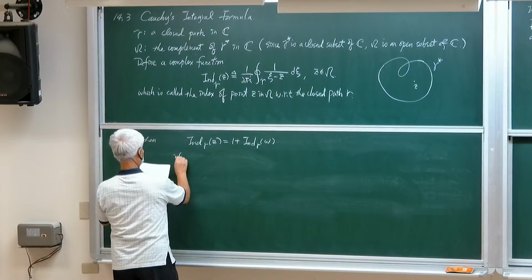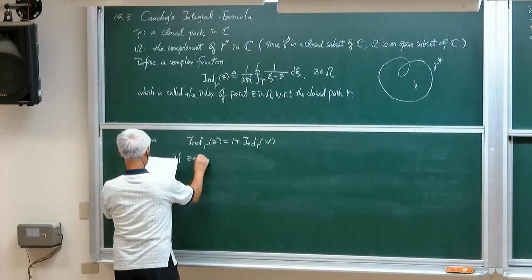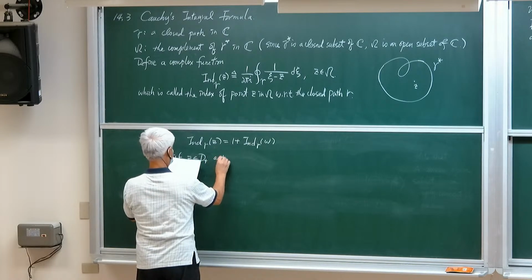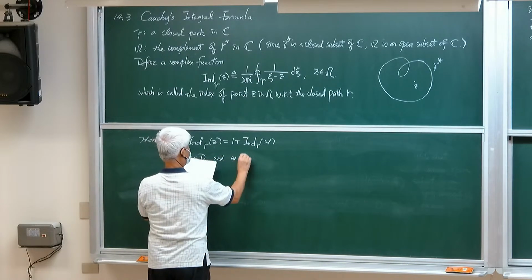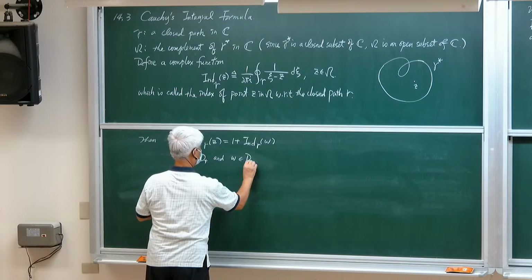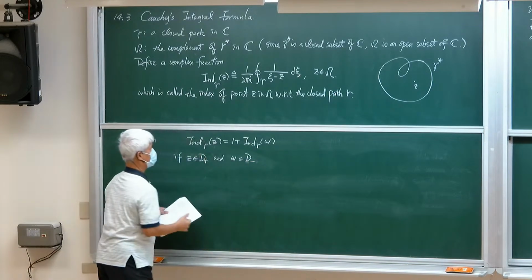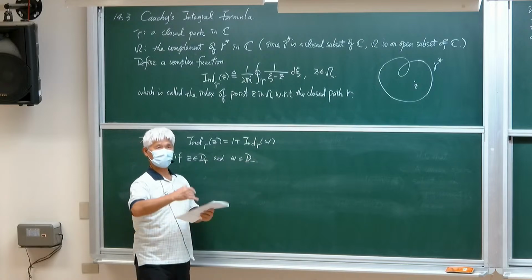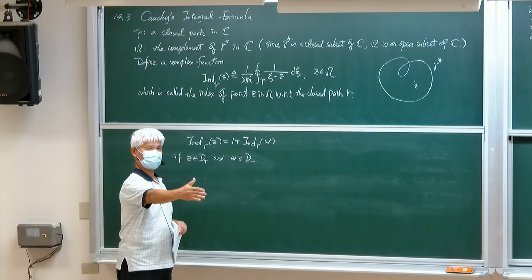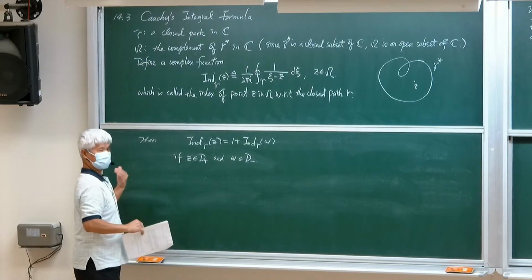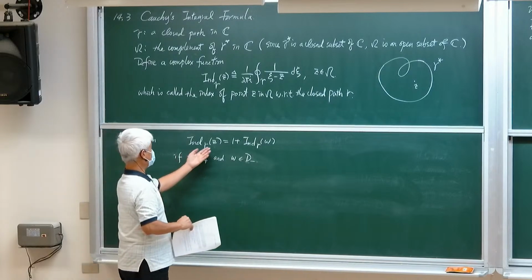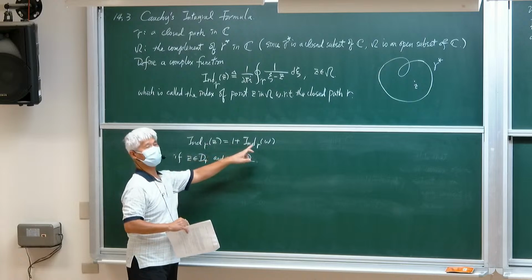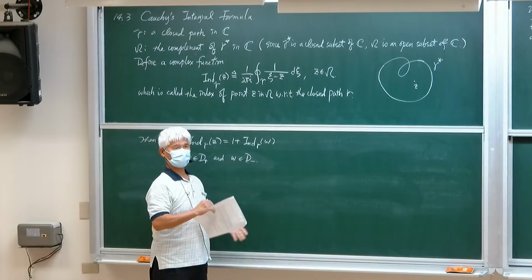If z is in D plus and w is in D minus. D minus is on the right and D plus is on the left, and the point on the left has index 1 more than the index of the point on the right.